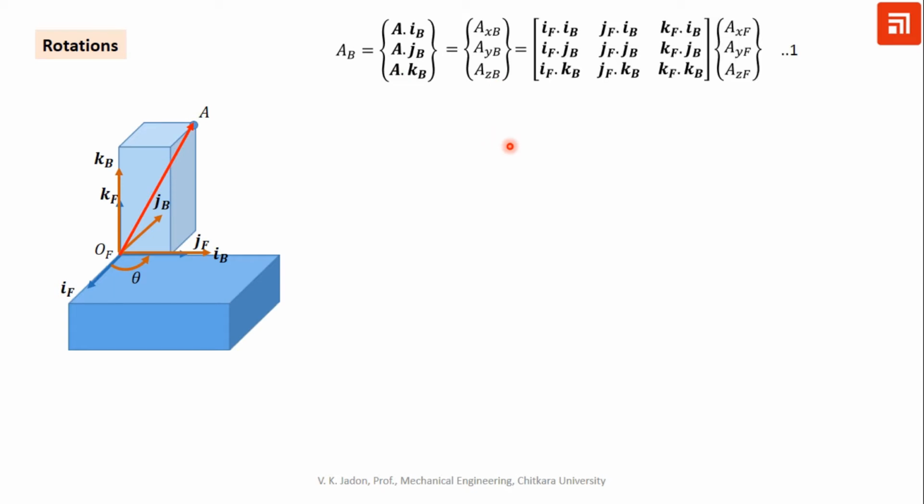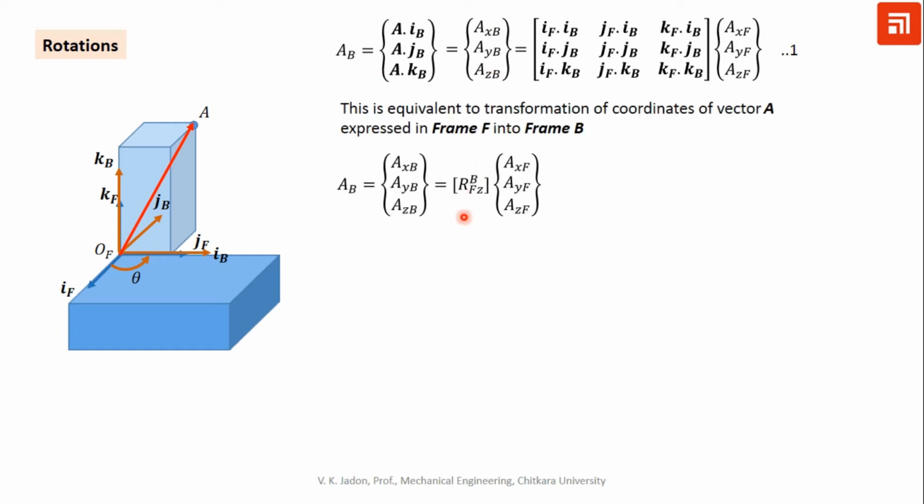And in general form, we can write this matrix as a 3 by 3 matrix of dot product expressions like this, where A in this case is expressed in fixed frame, and we get the component of vector A in body fixed frame.